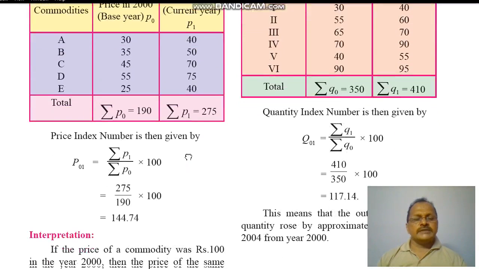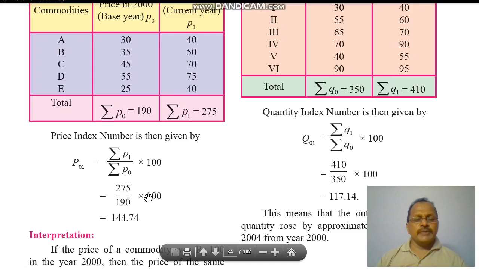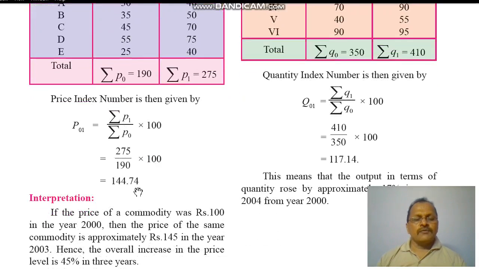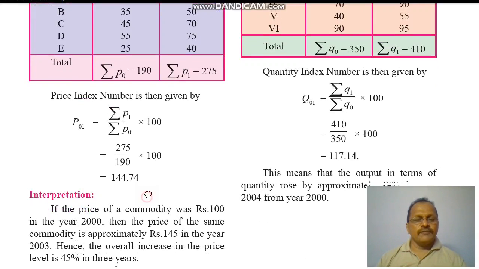And the price index number is then given by P01 equal to summation P1 upon summation P0 multiplied by 100, which is equal to 275 upon 190 multiplied by 100, which works out to be 144.74.